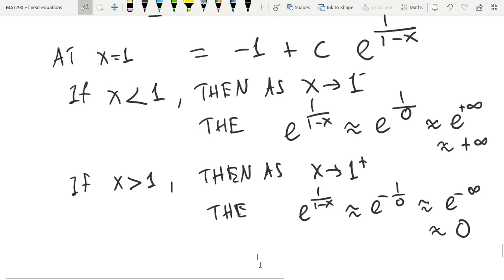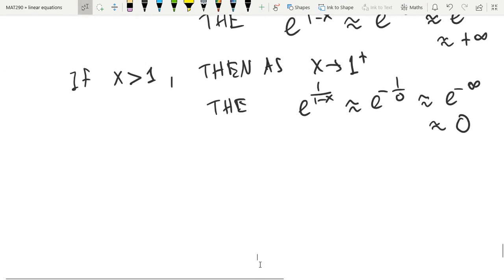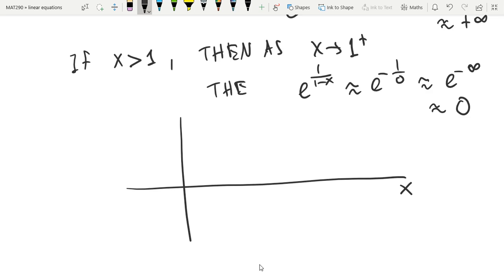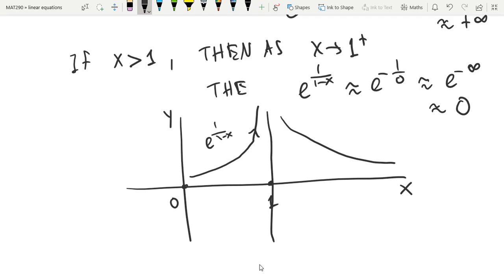Let me draw them just to give you some intuition, and then we will do the MATLAB. So this is x. This is the blow up point, and this is y. If x is less than 1, then our solution will go up like this. And if we're over here, our solution will go down like this. Okay.